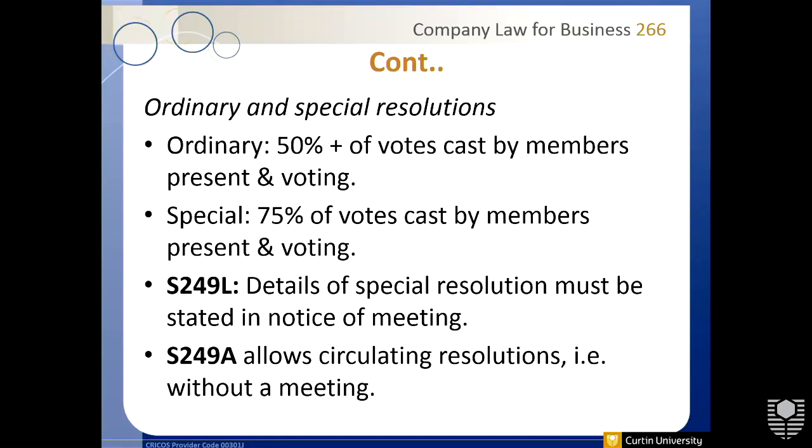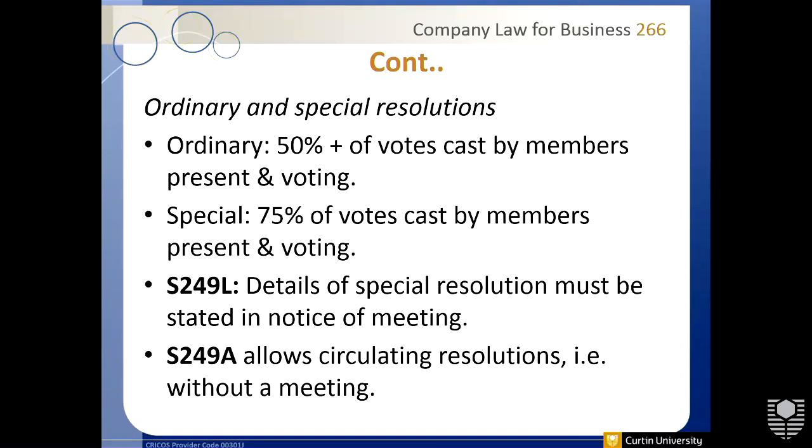Where it's mentioned as a special resolution, then obviously that is a special resolution. That's how you determine the type of resolution that needs to be passed. Ordinary is 50% plus of votes cast by members present and voting, actually 51%, and special is 75% of votes cast by members present and voting.